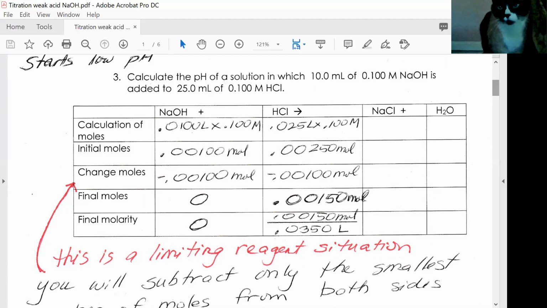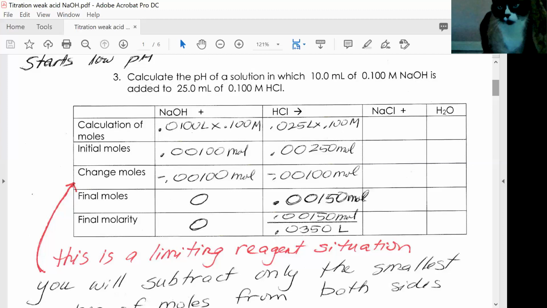We're going to subtract 0.00100 moles from our sodium hydroxide and from our hydrochloric acid. We get 0 moles of NaOH. It was used up. So it has a final molarity of 0.